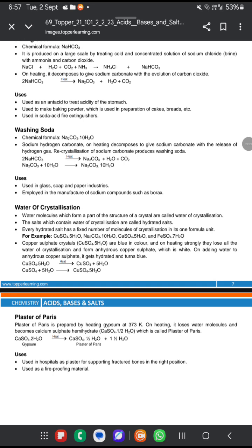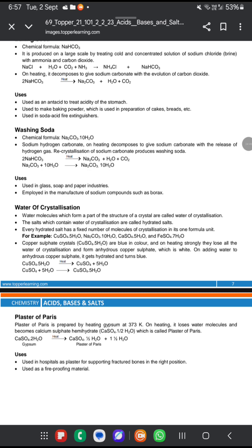Water of crystallization. Water molecules which form a part of the structure of a crystal are called water of crystallization. The salts which contain water of crystallization are called hydrated salts.